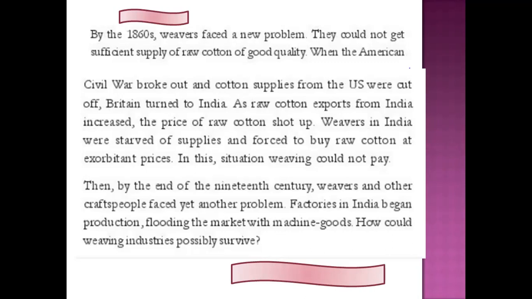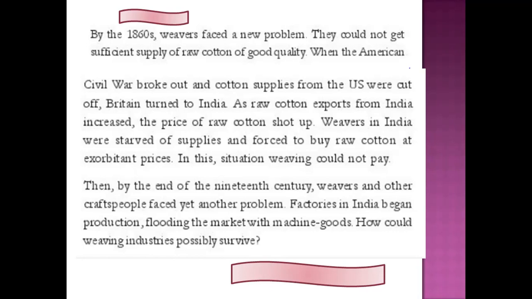Weavers in India were forced to buy raw cotton at exorbitant prices. In this situation, the weavers could not pay. As India's raw material was demanded, Britain and the US started buying it all, and Indian weavers were not getting it.